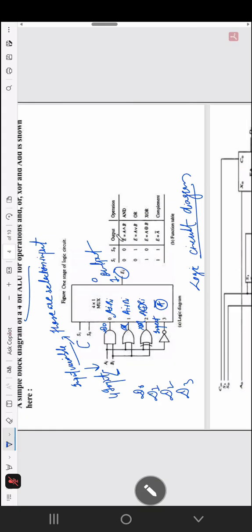So the output will be produced from A and B with the operations: with this symbol the AND operation, with this symbol the OR operation, with this symbol the XOR operation, and with this bar the complement. The symbols used are this one for AND, plus for OR, the XOR symbol for XOR, and the bar symbol for complement.